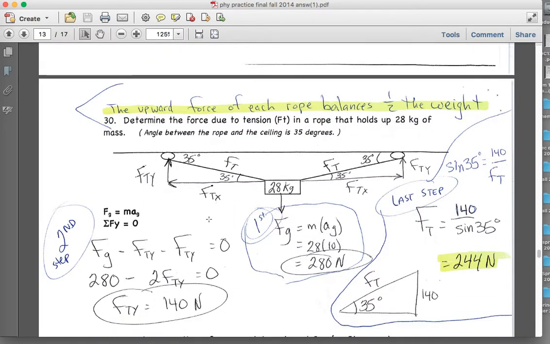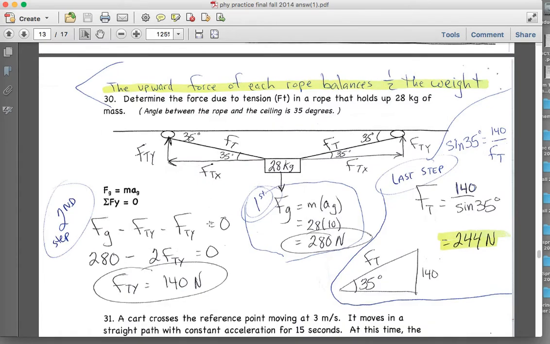Okay. Now the way I think of these ones, it's really that the vertical component, the upward force of each rope, is going to balance half of the weight. So it becomes a pretty simple triangle problem for us if you think that this vertical force due to tension, that vertical component, is in fact going to be half of the weight.